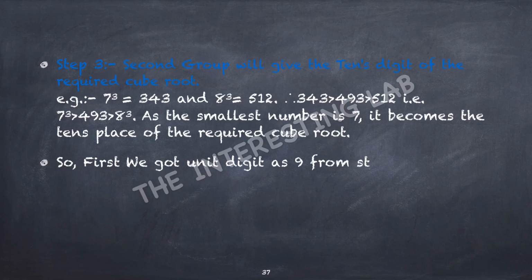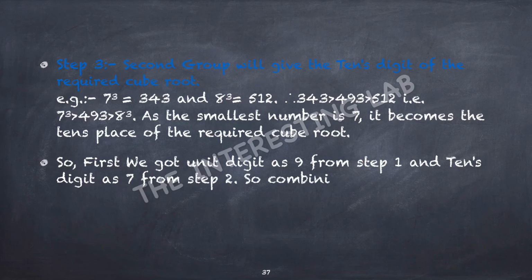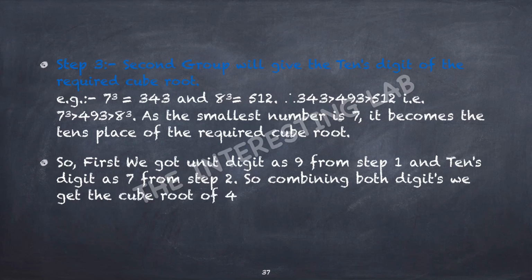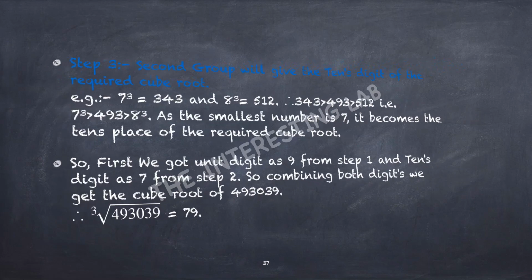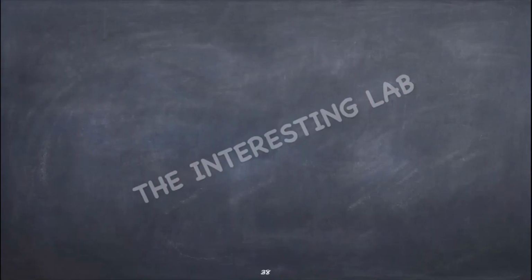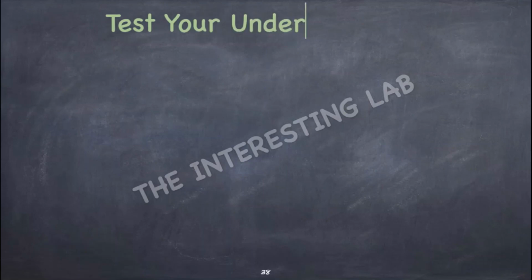So, we got unit digit as 9 from step 2 and tens digit as 7 from step 3. Combining both digits, we get the cube root of 493,039 equals 79.